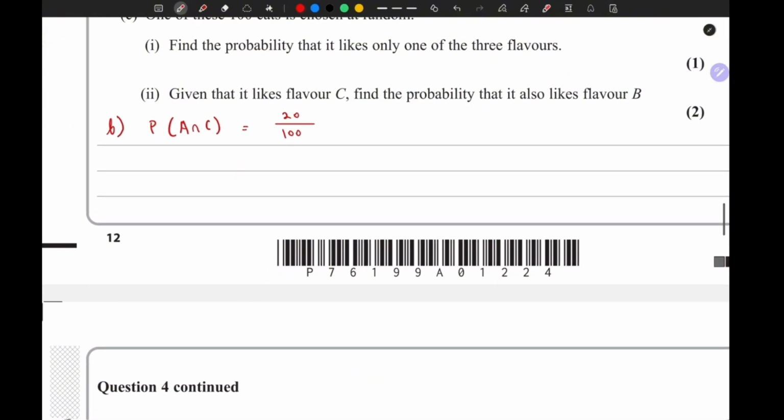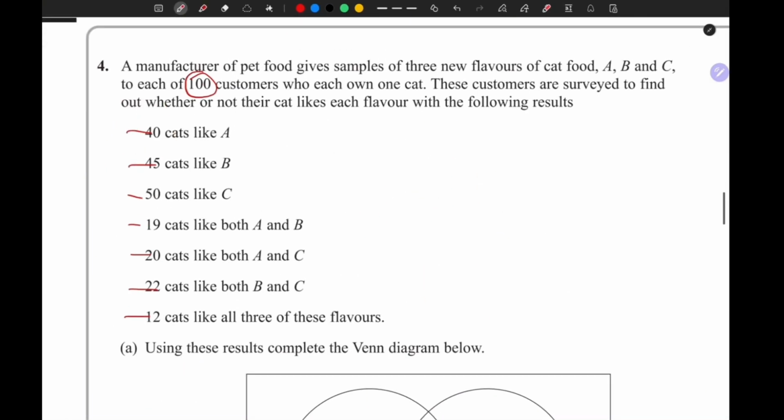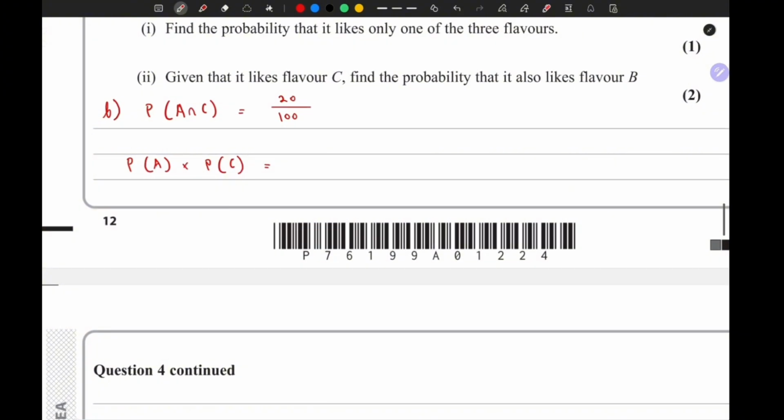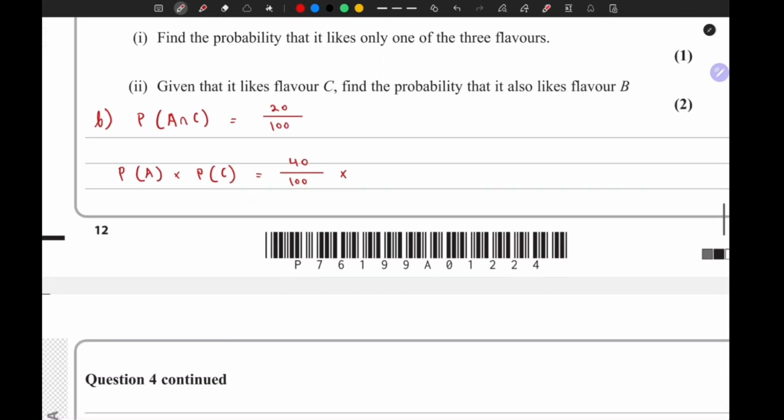And now let's find the probability of A times the probability of C. So the probability of A is 40 over 100, times the probability of C, which is 50 over 100.